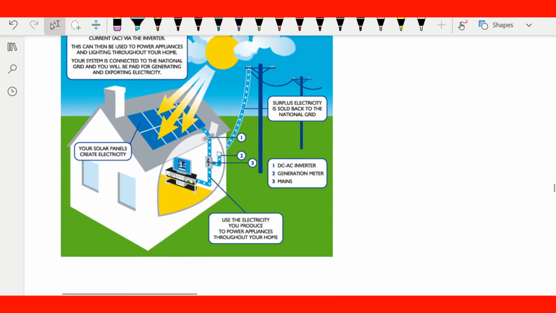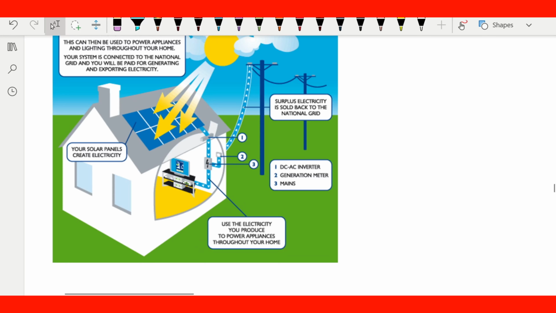Right, so in here the solar panel creates electricity, and then there is the DC-AC inverter, number 1 here, number 2 is the generator meter, and 3 is the mains.